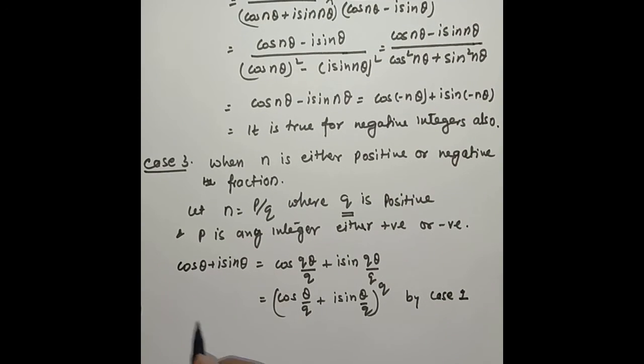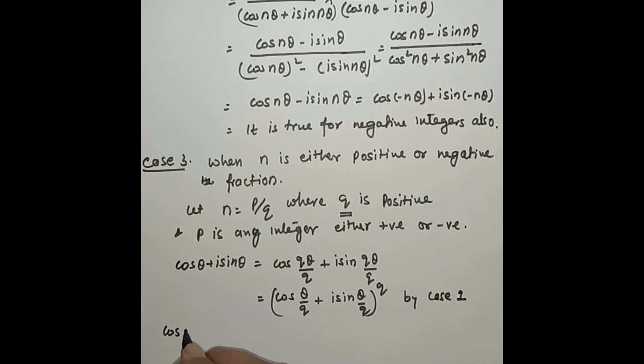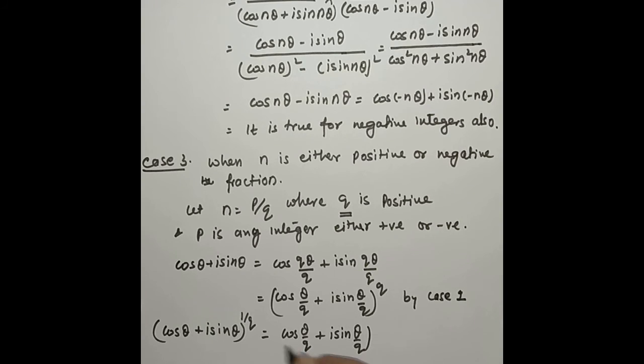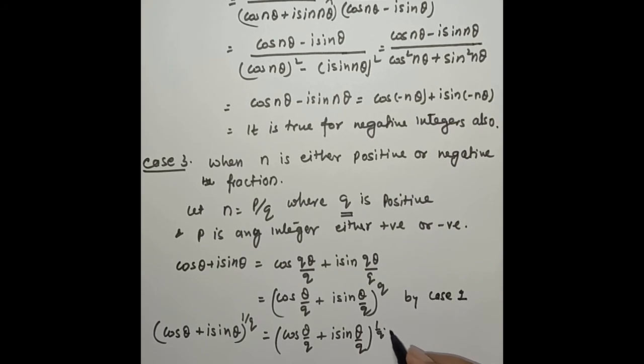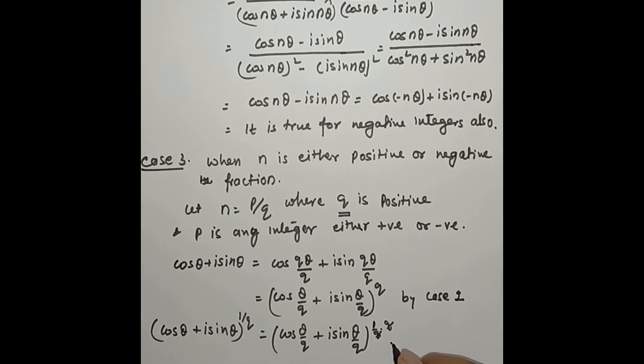This implies (cos θ plus i sin θ) to the power 1 by q is equal to (cos θ/q plus i sin θ/q) to the power 1 by q into q, that is 1. So we have a relation, denoted by equation number 2.